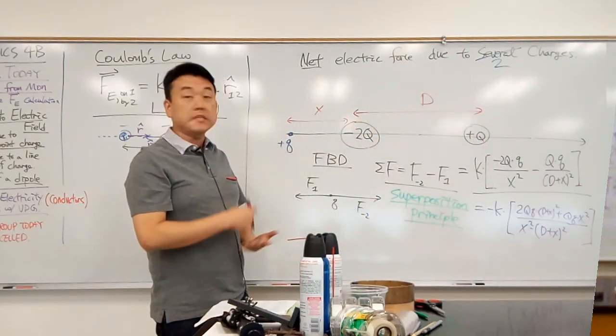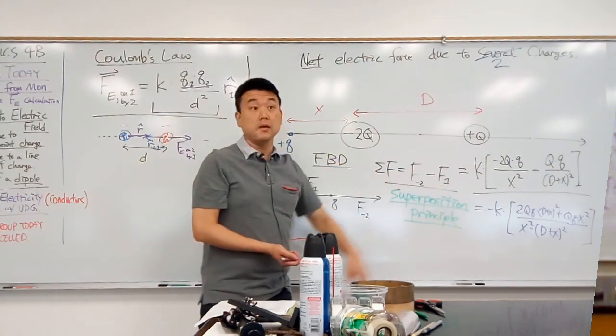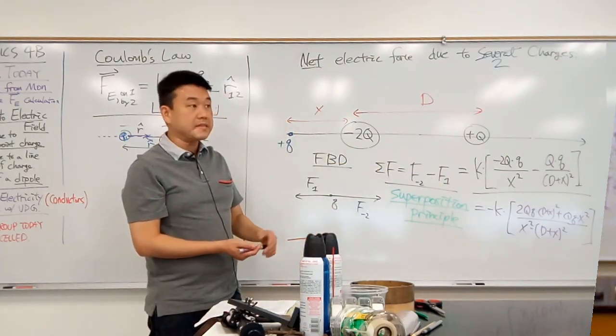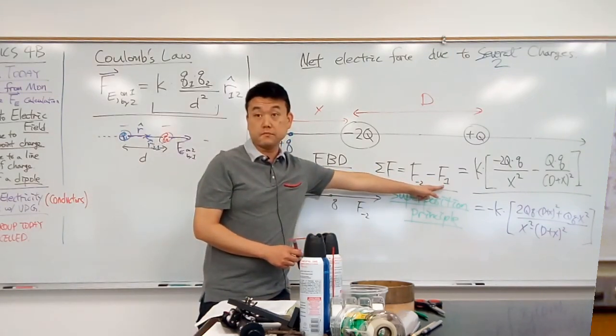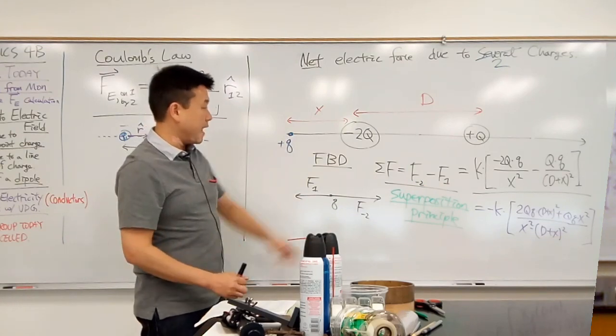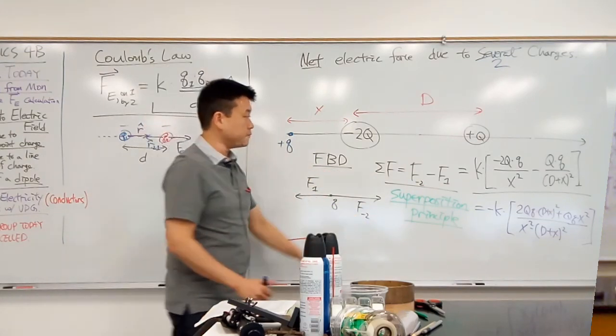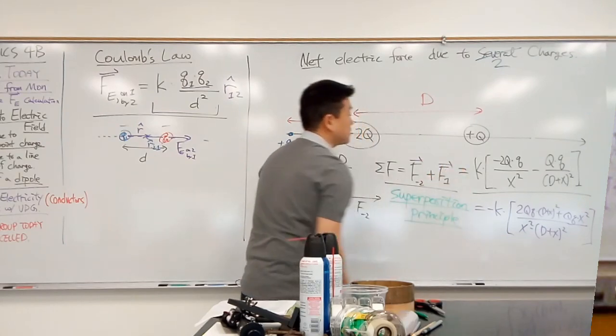So I'm going to discard the convention of putting the signs into equations. Instead, I'm going to let signs be absorbed by these quantities. So I'm simply going to say net force is F2 as a vector plus F1 as a vector.